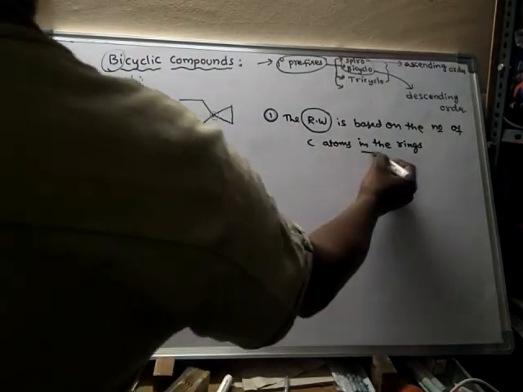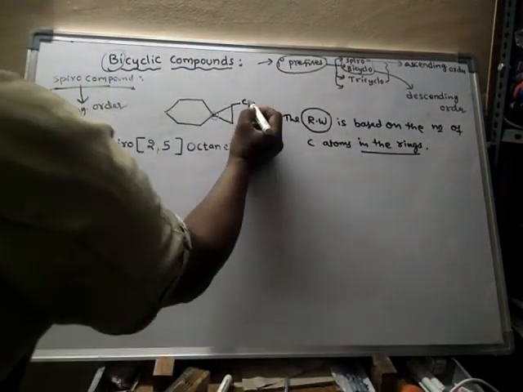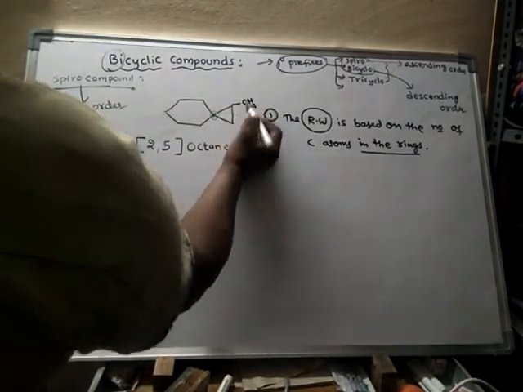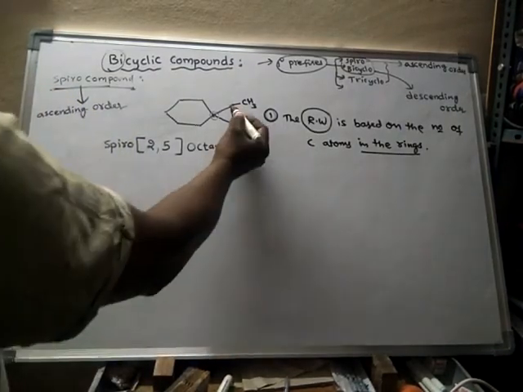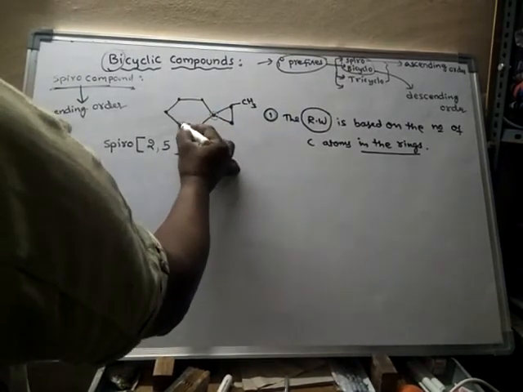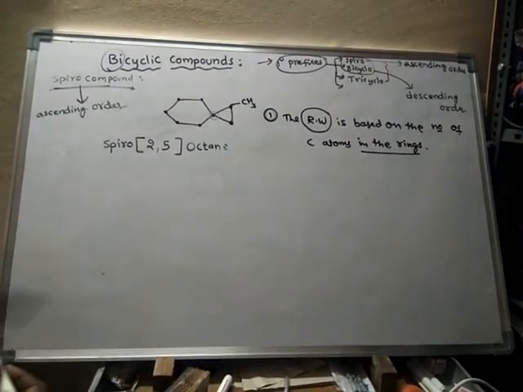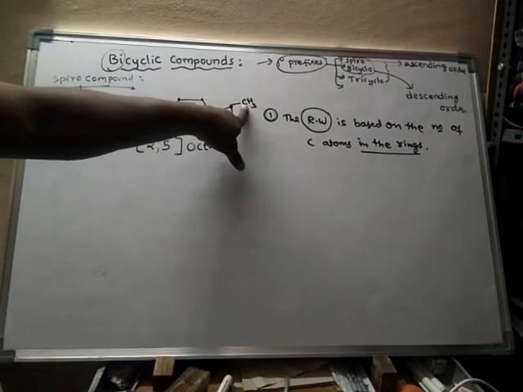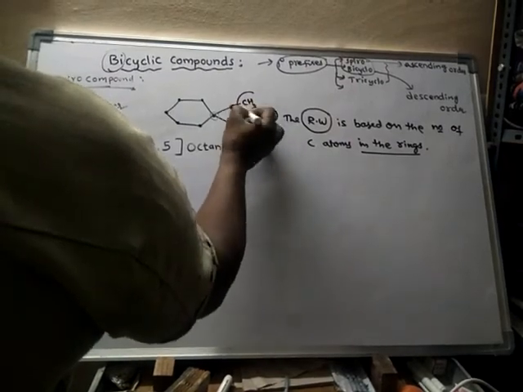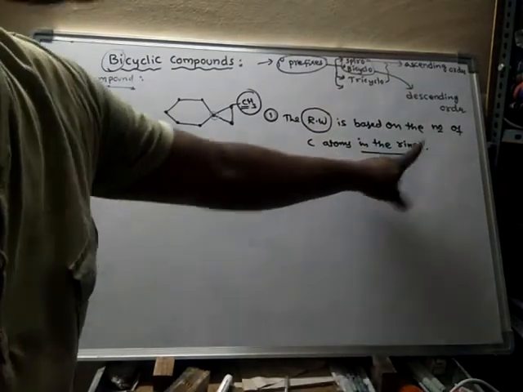Only carbon atoms in the rings we have to consider. Suppose a substituent is present on this one; this carbon should not be counted for the root word. We consider only the carbons present in the rings. Any carbon which is attached to the rings cannot come under writing the root word. So this carbon should be excluded. The root word is based on the number of carbon atoms in the rings.